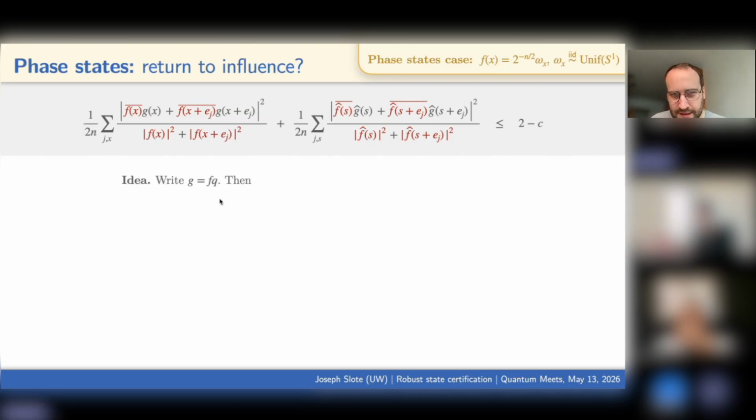And if we do this, then look what happens on the first term. First, some little preparation. If we do factor out a copy of f from G to get Q, then note that G being normalized, which was just a property that it's a state, is equivalent to Q being normalized with respect to the uniform distribution.